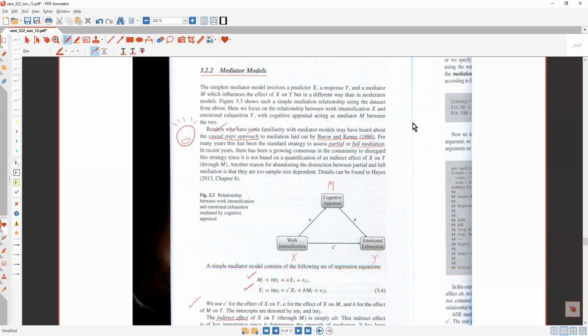So the idea here is if you have a network of variables, like this, work intensification, emotional exhaustion. Does intensifying at work cause emotional exhaustion? Well, we don't know based on a correlational design, right? We just don't know.